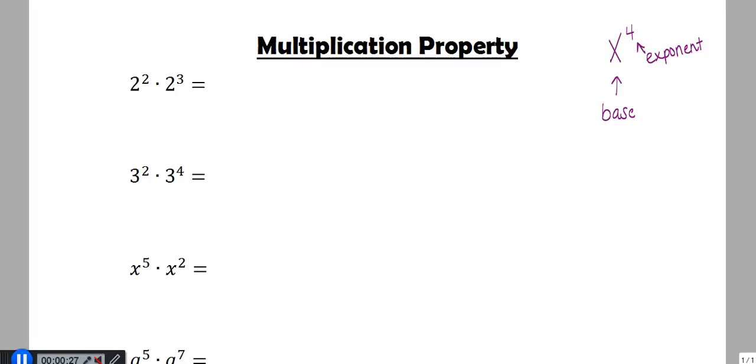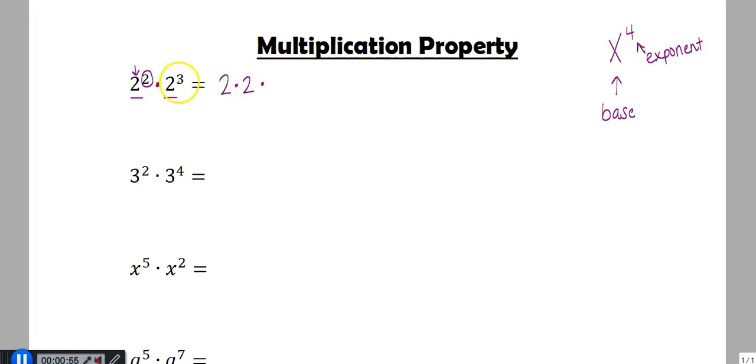So let's look at 2 squared times 2 to the third. We are multiplying like bases. Here both of my bases are 2, so I can multiply those together. Remember that this 2 tells me how many of this base I have. So if I have a 2 here, that tells me that I have 2 times 2.